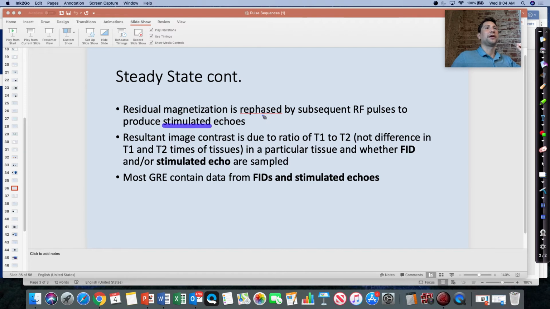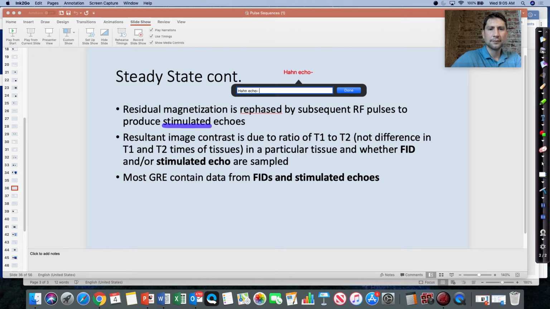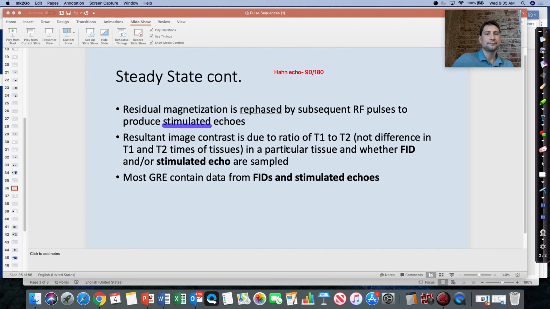The echo that's created by our spin echo, where we have a 90 and 180, is called a Hahn echo. So a Hahn echo is a result of a 90, 180, and that is always going to be associated with our spin echo.